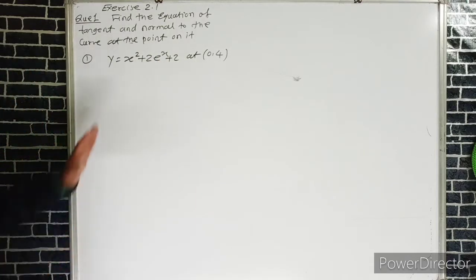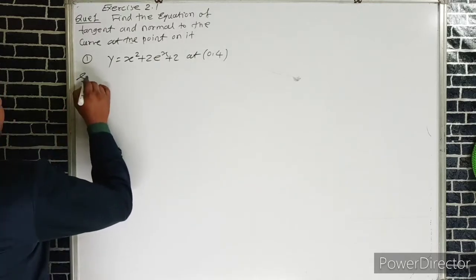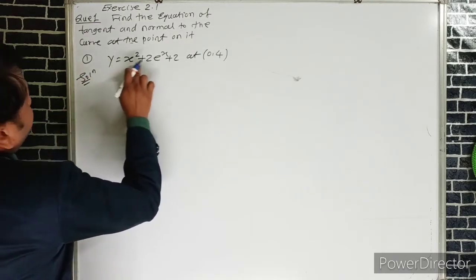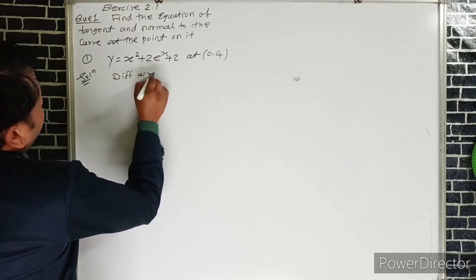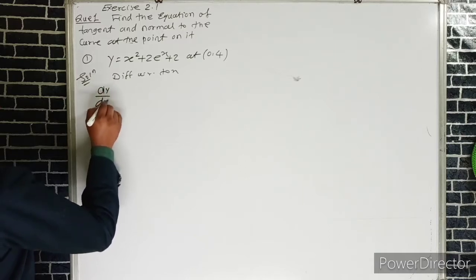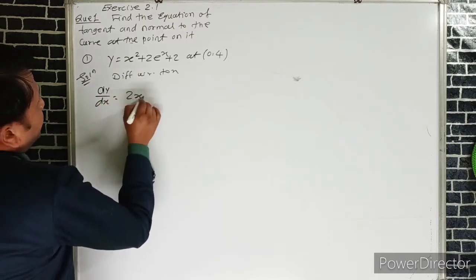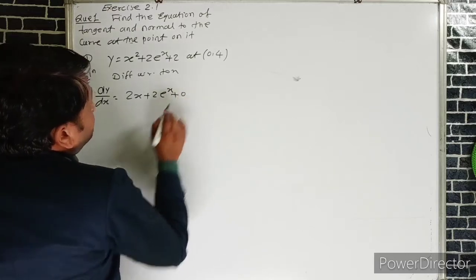First we have to find slope of the tangent. Given function y is equals to x square plus 2e to the power x plus 2, differentiate with respect to x. The derivative of y, which is dy by dx, derivative of x square is 2x, 2 into e to the power x, derivative of e to the power x, and the derivative of 2 which is 0.